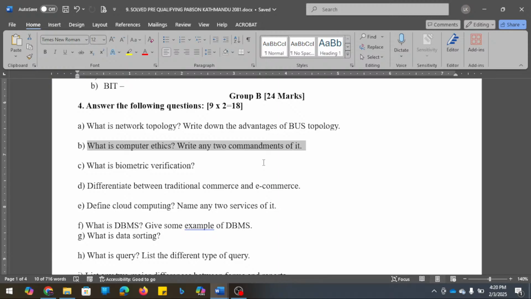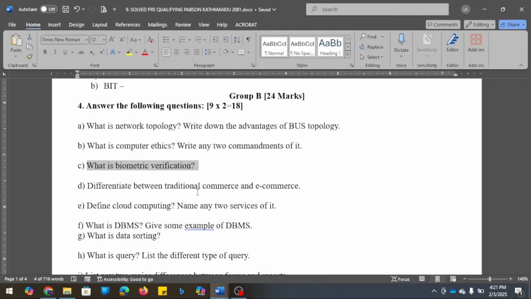Next is biometric. What is biometric verification? It is the process of storing data for security reasons, where the data is related to a physical part of our body.